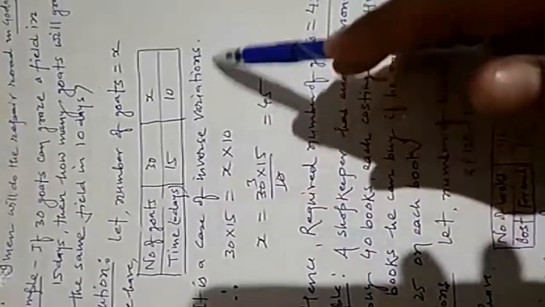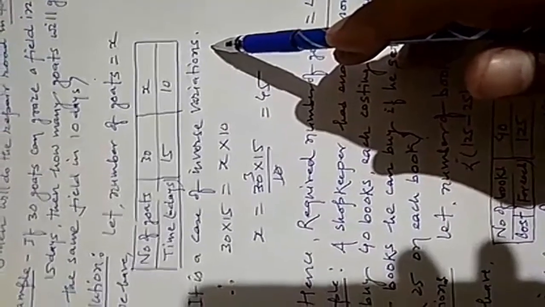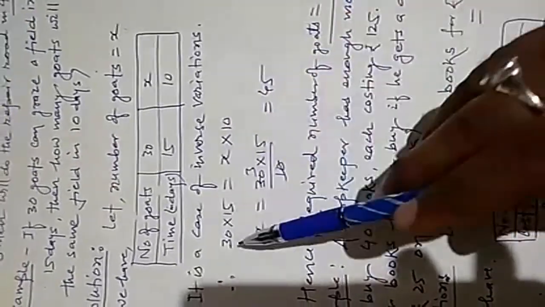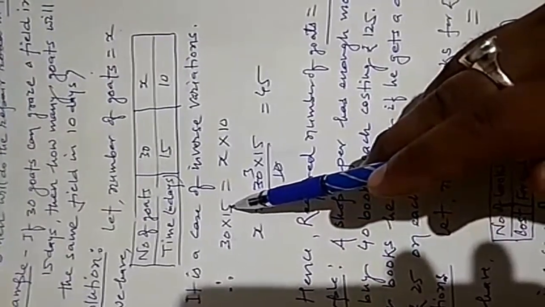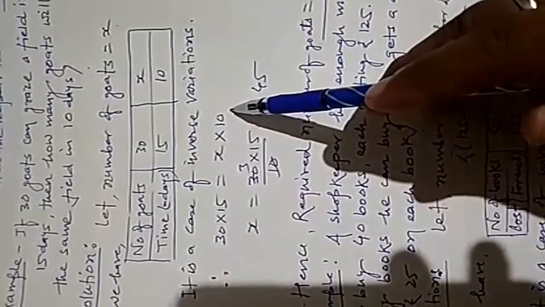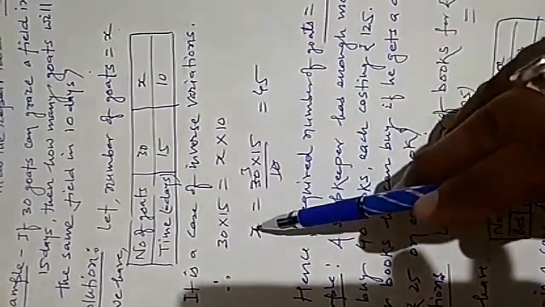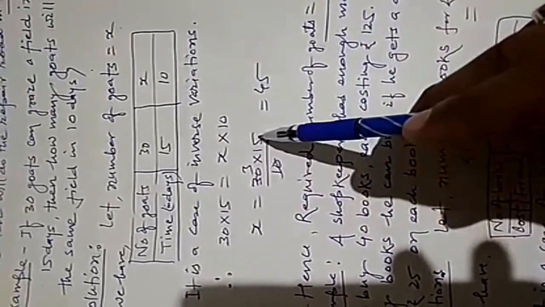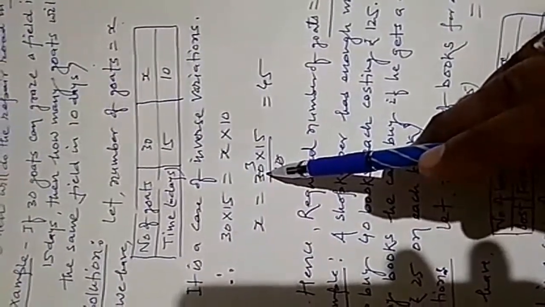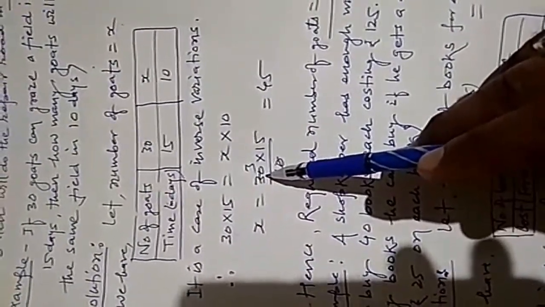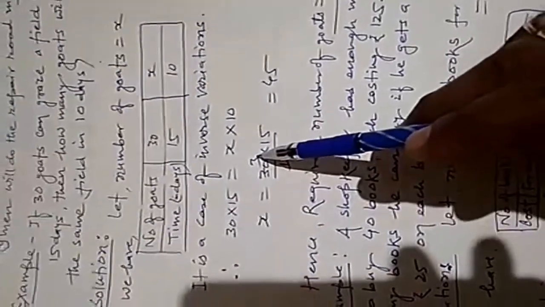It is a case of inverse variation. Therefore, we can write 30 into 15 is equal x into 10. Therefore, x is equal 30 into 15 by 10. When we divide 30 by 10, we get result 3.